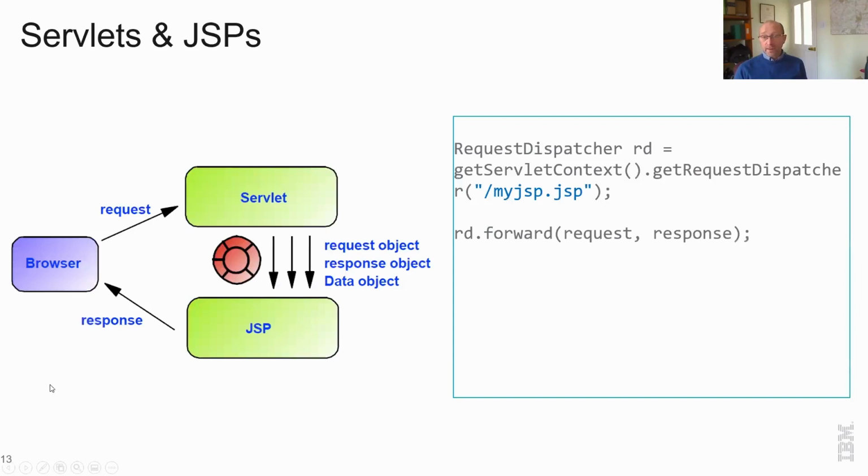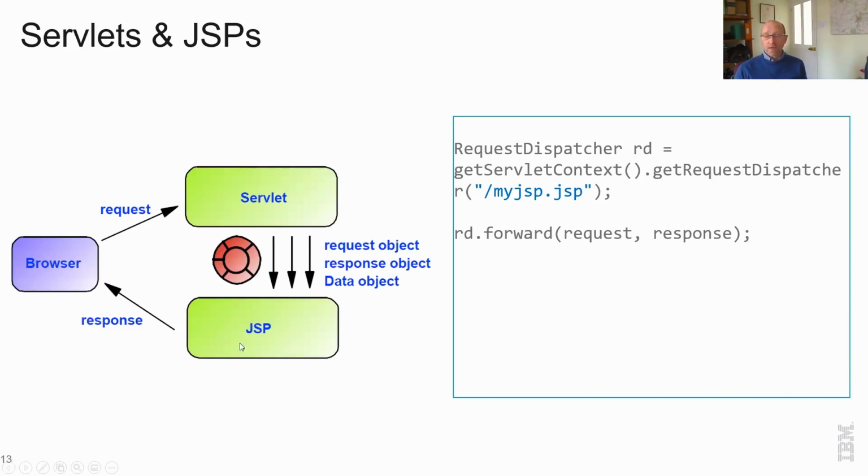So just a step back, and a quick look at the basic technology. What a lot of people start out doing is basic servlet technology with a JSP. You have your browser, which sends a request to a servlet, which builds a data object and passes that to the JSP.